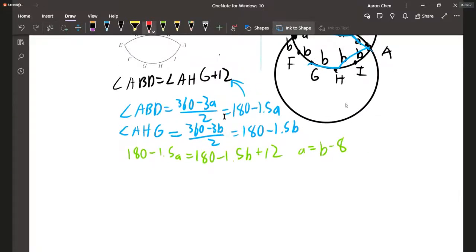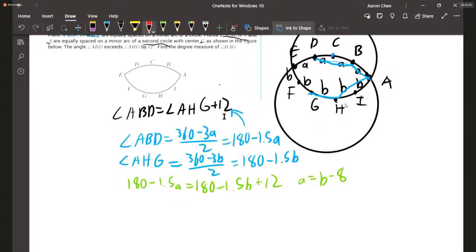Now we can take a look at what we want to find. So angle BAG is equal to angle BAC plus angle CAG.